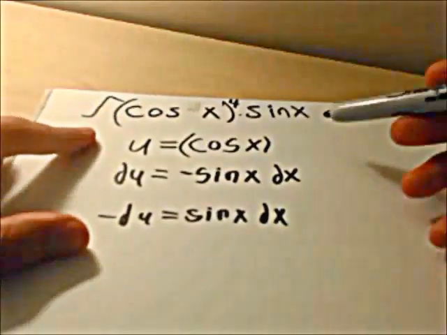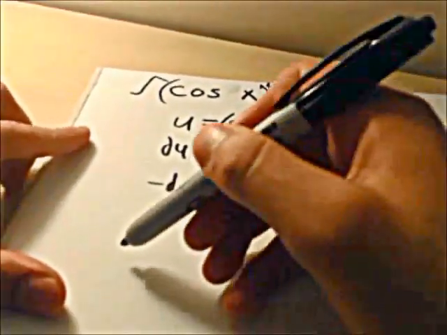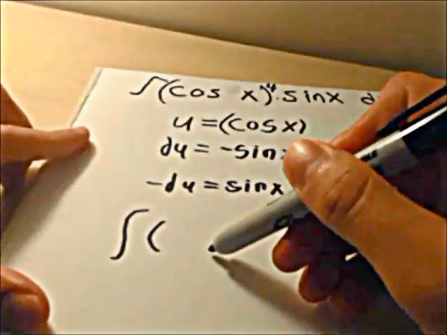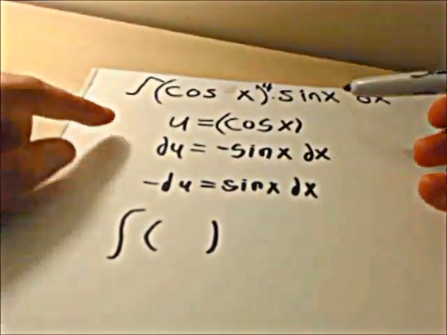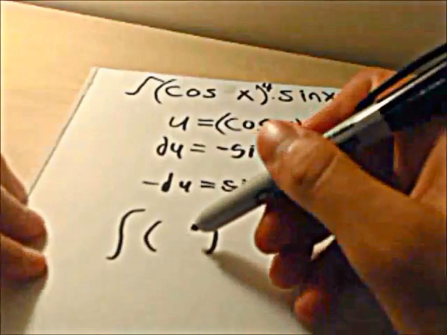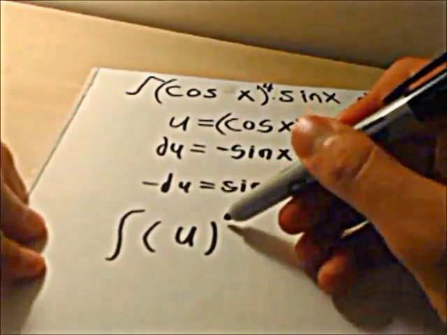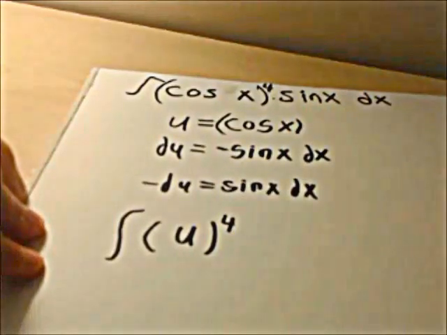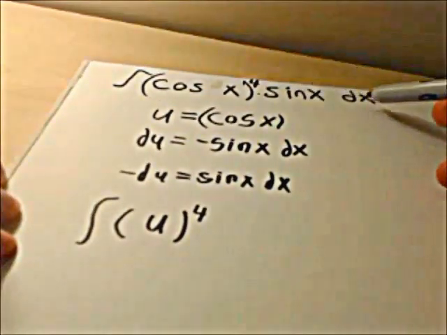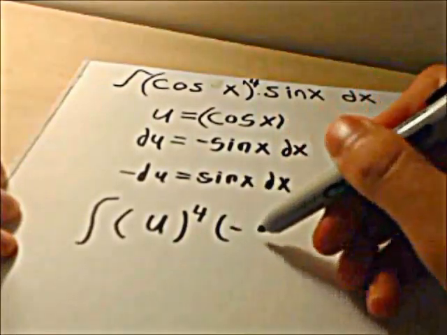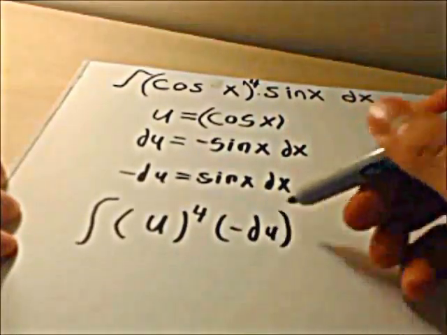So let's rewrite this. We've got the integral of u, because we replaced cosine x with u, raised to the power 4. And then instead of sine x dx, we're just going to put minus du.